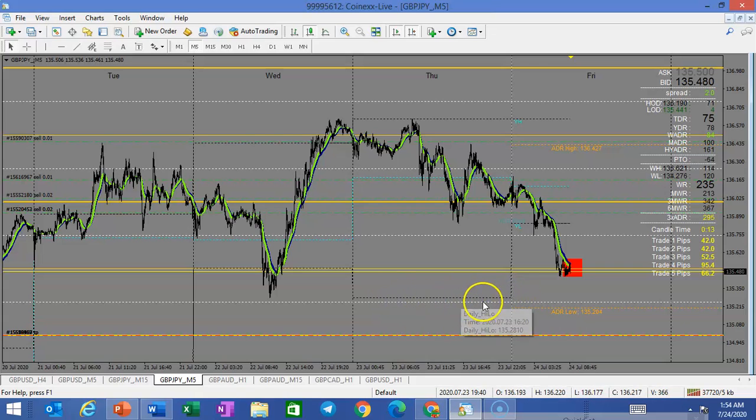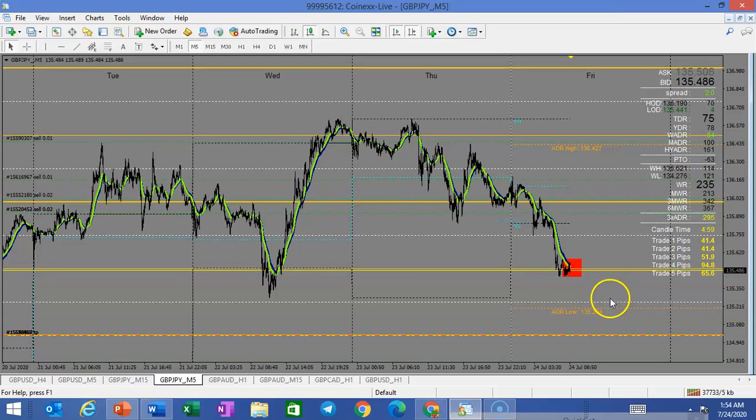So this is going to be a major area of support where you could probably see either a bounce or just a reversal, a retest, reversal and continuation down to 135.